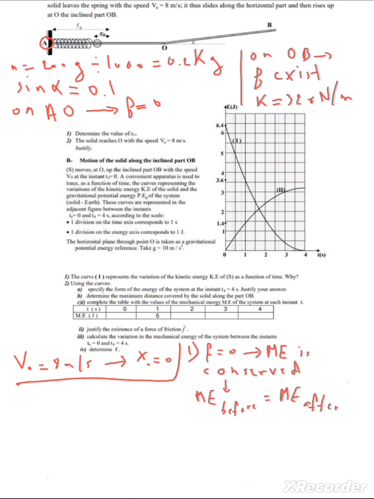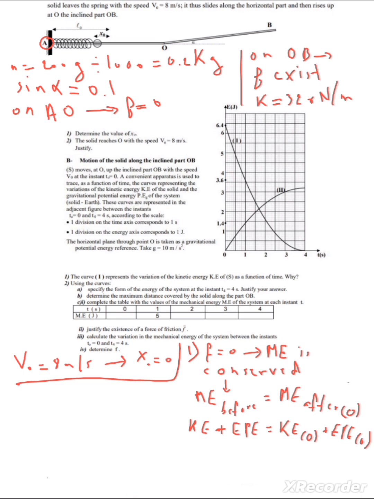ME before, we have kinetic energy plus EPE, elastic potential energy, and after, at point O, we have KE plus EPE. In the two cases, before and after, the gravitational potential energy equals 0 since the object is on the reference.